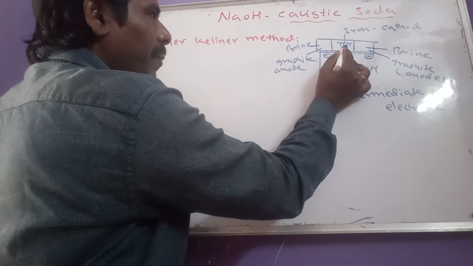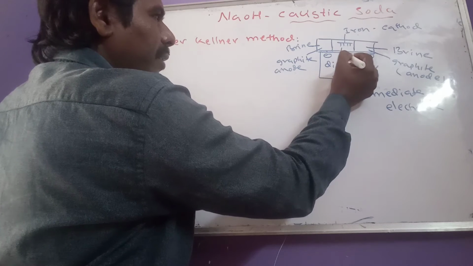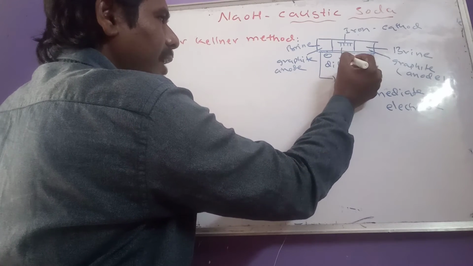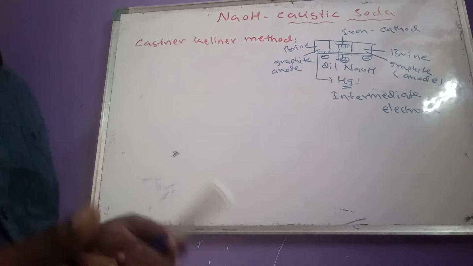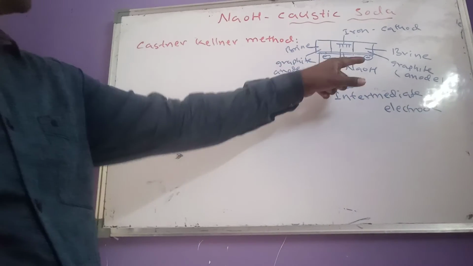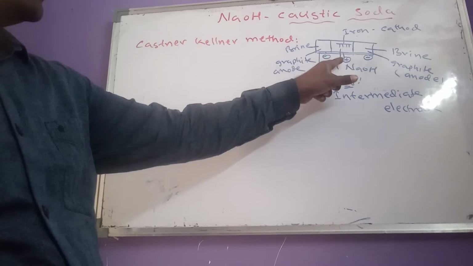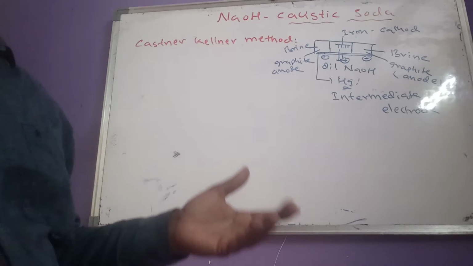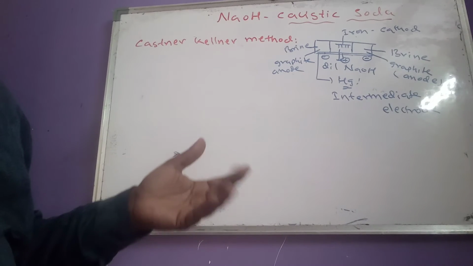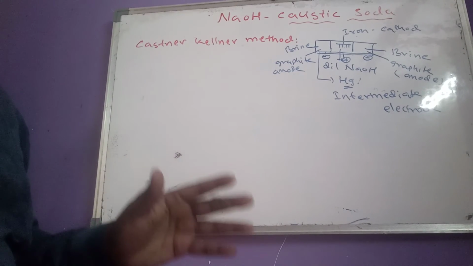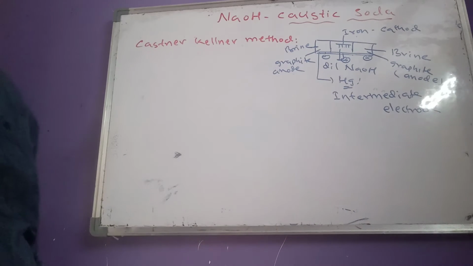In the middle compartment, iron rods act as cathode, but the mercury acts as anode. That means mercury plays two different roles. In the outer compartments it acts as cathode; in the middle compartment it acts as anode. Since it acts as both anode and cathode, mercury is known as the intermediate electrode.